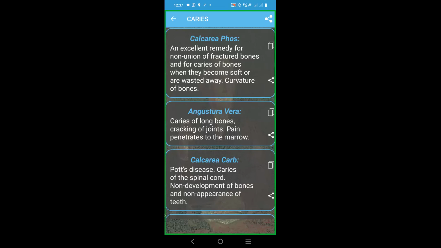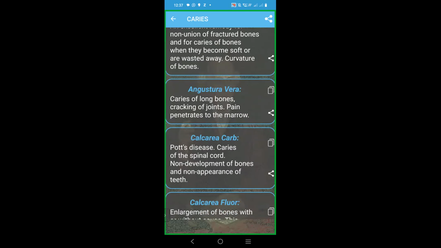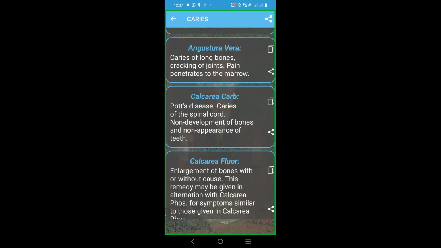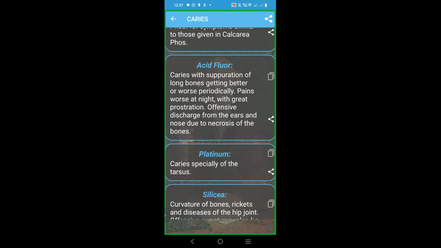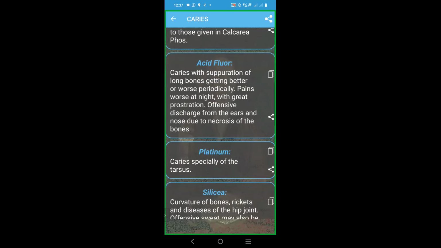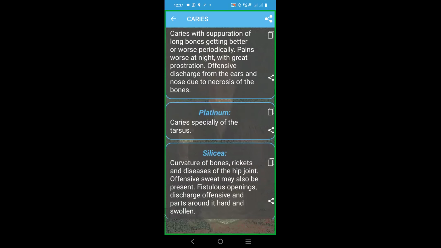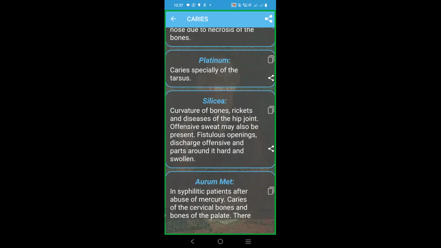And see, caries of the long bone, crackling of the joint, and pain that penetrates the marrow. Like that, calcarea carb. Caries of the bone: whatever symptoms tally with this, we can use that particular remedy.